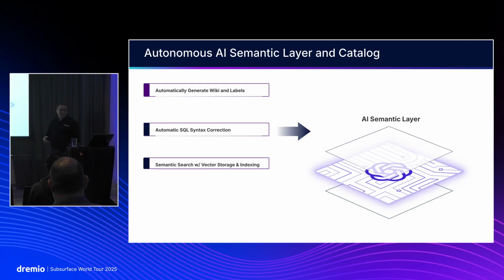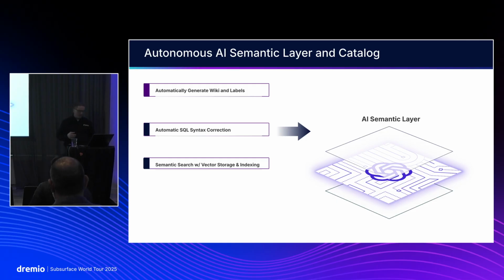Dremio has the ability to generate data set definitions, SQL examples, data tags, even wiki entries. All of that is going to be useful as part of, say, an AI agent accessing Dremio, perhaps using an MCP server. And you can lump that together with the AI semantic layer because the common semantics are going to be available via semantic search, and the semantic layer itself, which is adding the business semantics or the business nomenclature to the data objects.